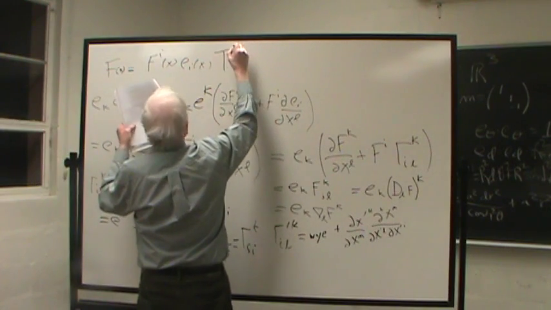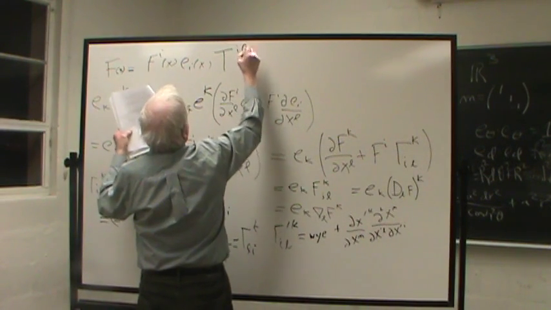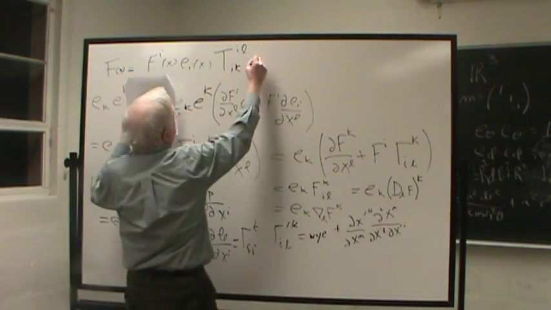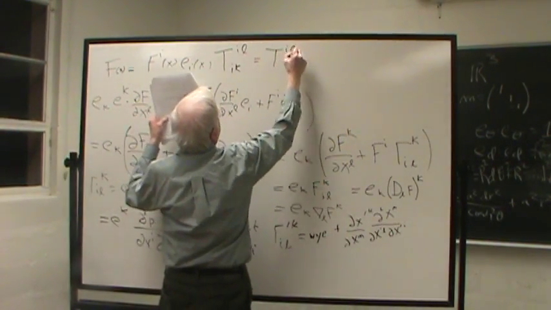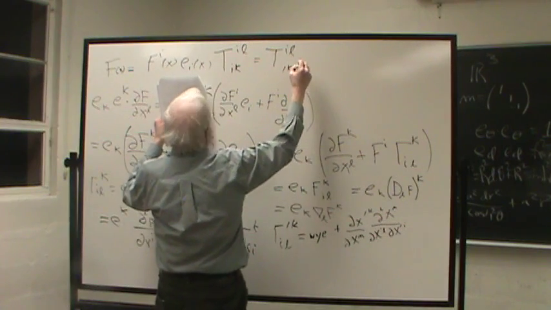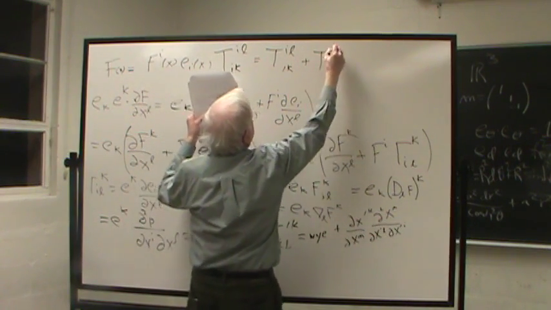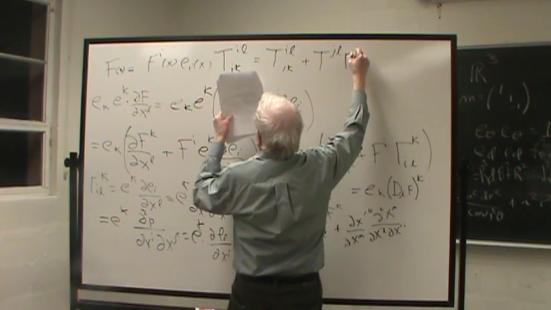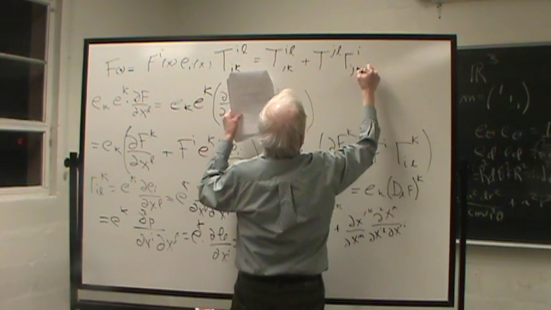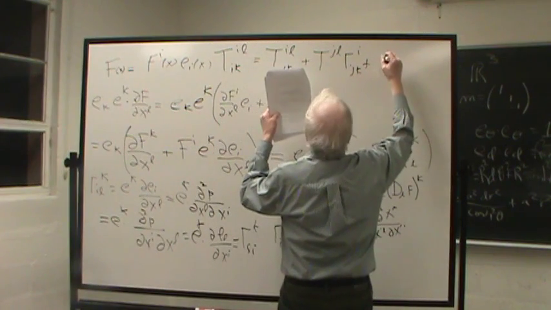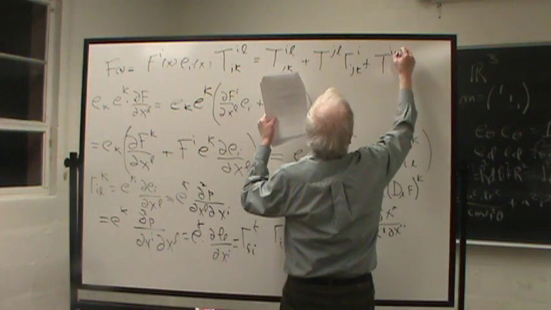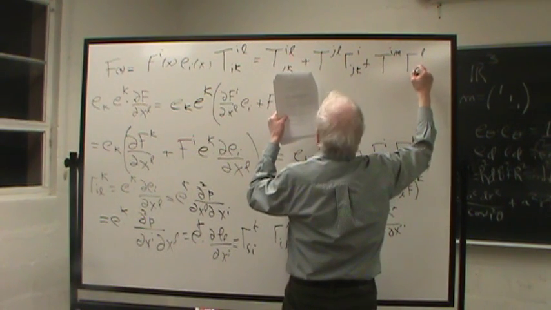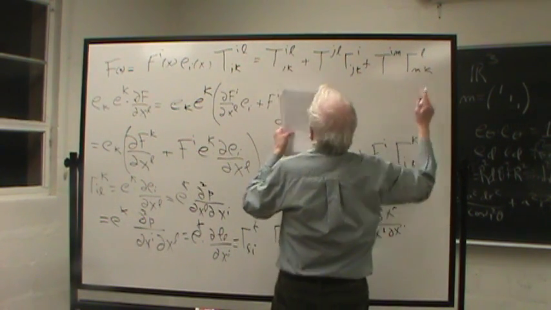Suppose we have a tensor T IL, and we take the covariant derivative in the k direction. Then this is TIL comma k plus TJL gamma IJK plus TIM gamma L MK.